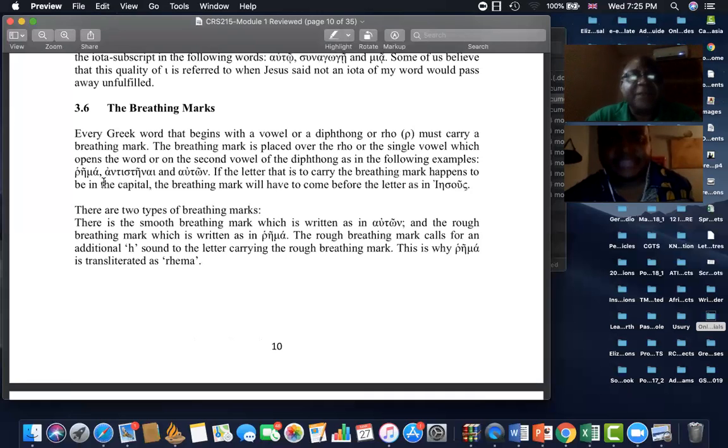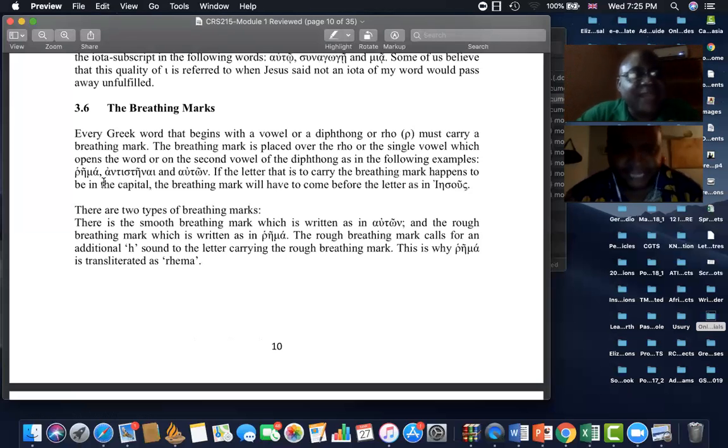The breathing mark is placed over the rho or the single vowel. But in the case of a diphthong, the breathing mark is placed on the second vowel of the diphthong.